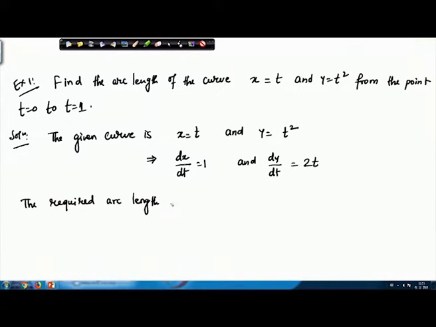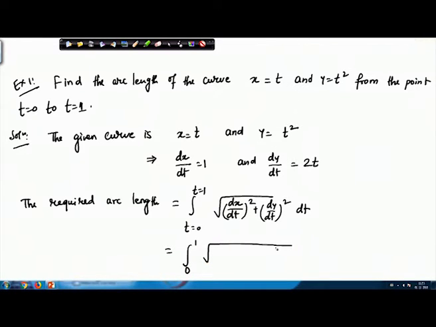So the required arc length is the integral, t running from 0 to 1, because that is the limit for the parameter, of the square root of (dx/dt) whole square plus (dy/dt) whole square, times dt. So here we have t from 0 to 1, square root of 1 plus 4t square dt, and now this has become a simple integral calculus problem.